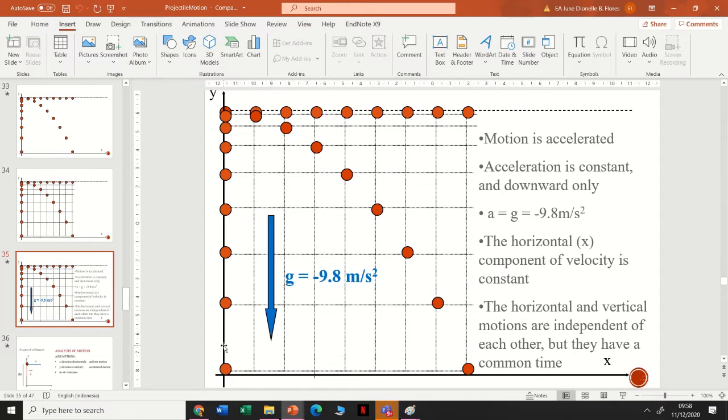Diba, you have two dimensions for a projectile, and they have two sets of equations independently from each other. So if we can solve it using the vertical dimension through free fall, then by all means, let's do that if it is possible. And if not, we have another option, which is the horizontal dimension, because the time here is just the same for the vertical and horizontal components of our projectile.